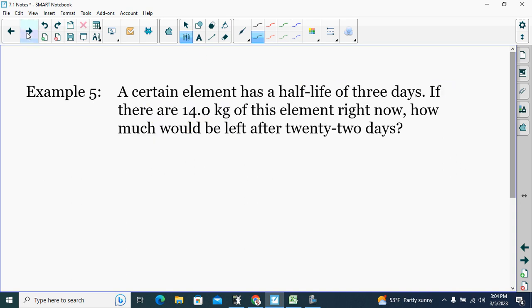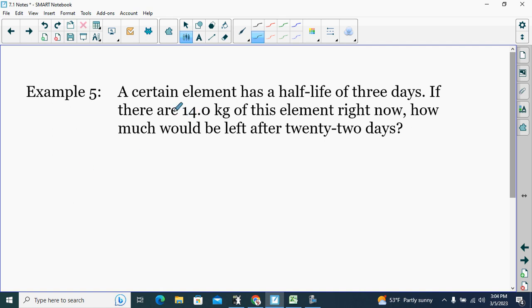Example 5 says a certain element has a half-life of 3 days. If there are 14 kilograms of this element right now, how much would be left after 22 days? Half-life, hopefully in a science class, you've learned what a half-life is. If not, half-life is the amount of time it takes for the element to break in half.